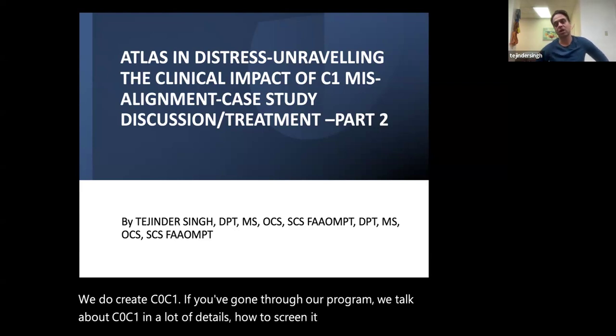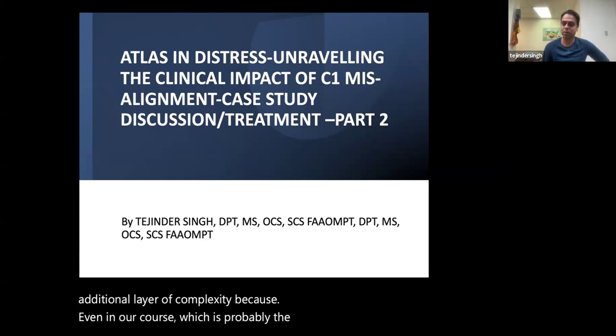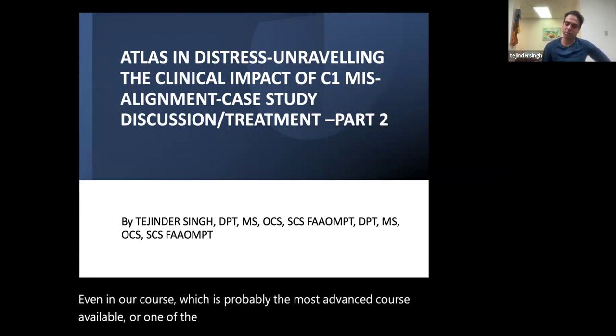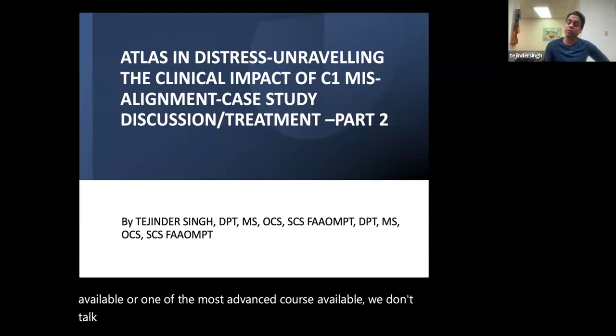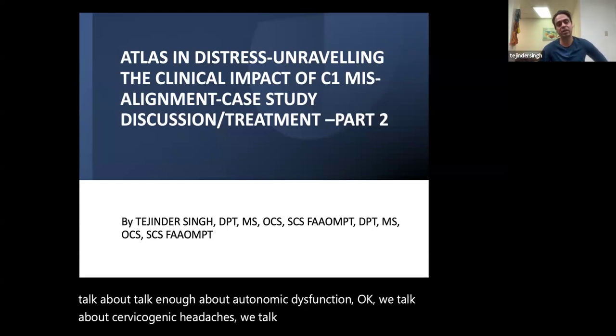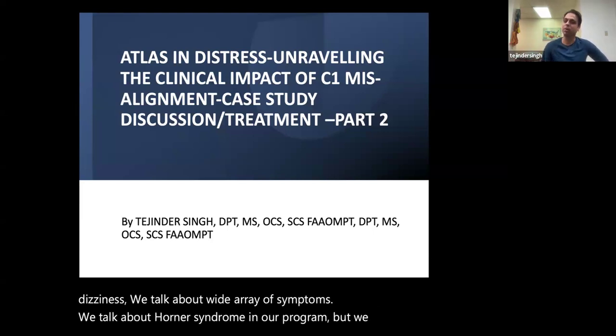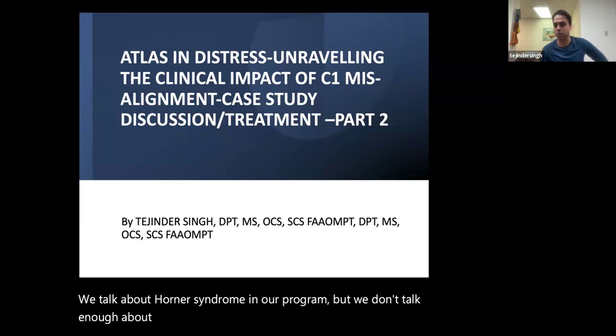But this is just an additional layer of complexity, because even in our course, which is one of the most advanced courses available, we don't talk enough about autonomic dysfunction. We talk about cervicogenic headaches, cervicogenic dizziness, and a wide array of symptoms. We talk about Horner syndrome in our program, but we don't talk enough about something called dysautonomia.